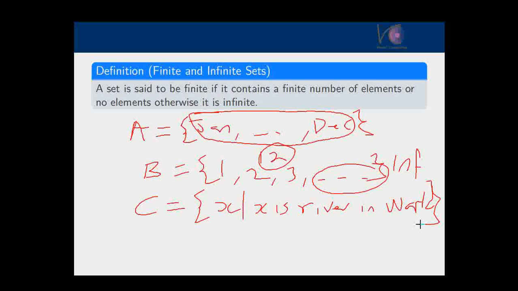You can take a second and think about this. Well, set C is a finite set. You may be wondering how many rivers there are in the world. There are so many rivers in the world, but you should know that these rivers are countable. You may have some difficulties in counting them, but if you go country by country, province by province, you'll find that you reach a finite number. Therefore, set C is a finite set.